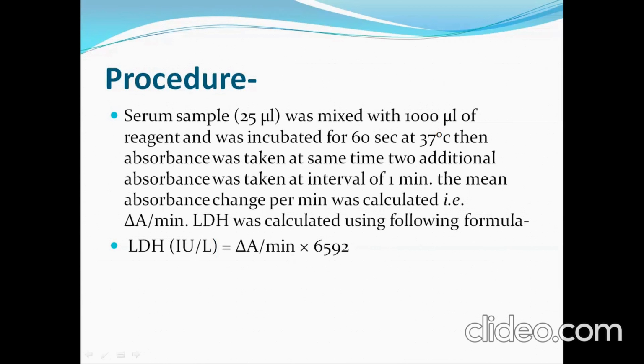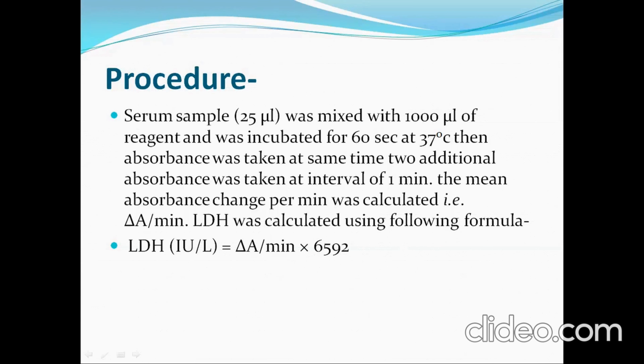Procedure. The serum sample, that is 25 microliter, was mixed with 1000 microliter of reagent and was incubated for 60 seconds at 37 degrees Celsius. Then after, the absorbance was taken. At the same time, 2 additional absorbances were taken at the interval of 1 minute, and that will give us the mean absorbance change per minute, that is delta absorbance per minute.